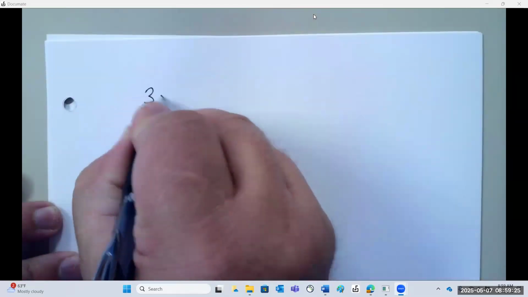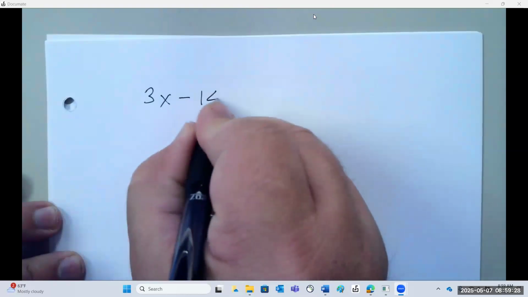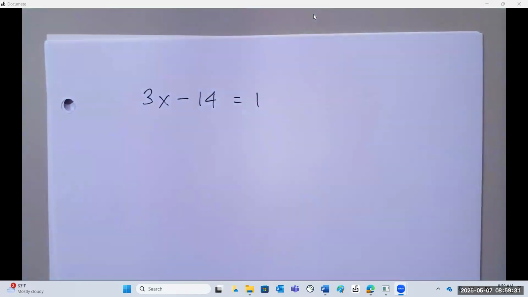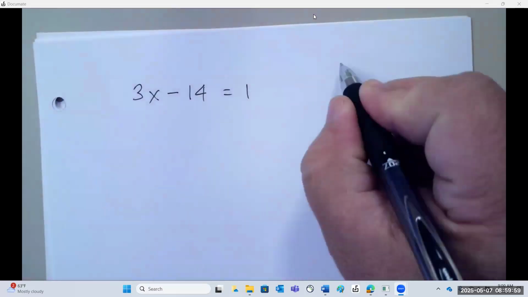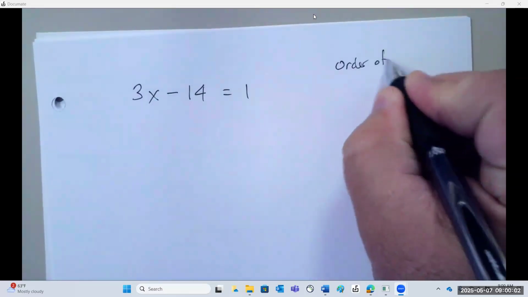How about this one? How would you solve that one? When you solve for x, remember order of operations.